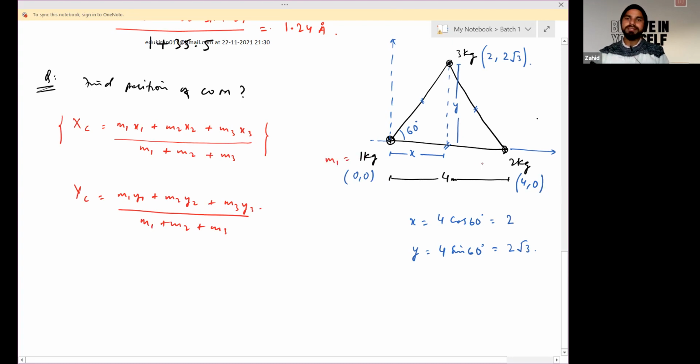You will take M1 to be 1 kg, M2 to be 2 kg, and M3 to be 3 kg. Khalid, is it clear?